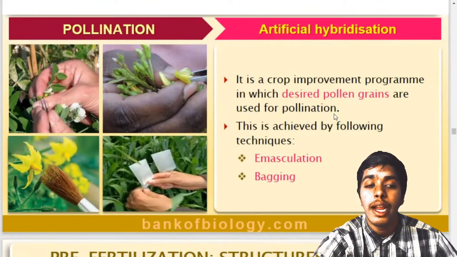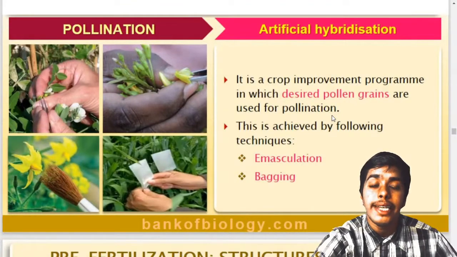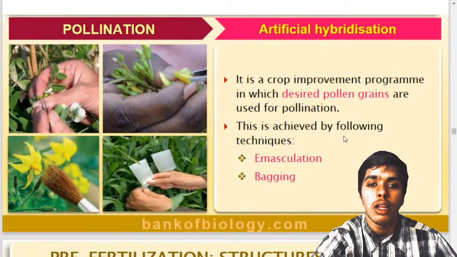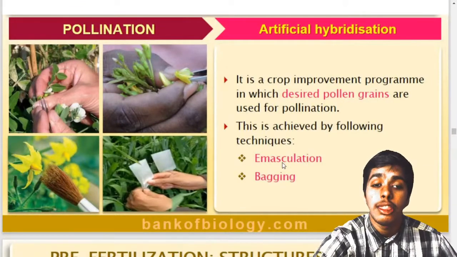That means it is carried out with the help of humans, so we can get our particular products. Like if we want to improve the quantity of the rice, we can get the desired pollen grain, desired flowers and so on. Now the techniques used are emasculation and bagging.